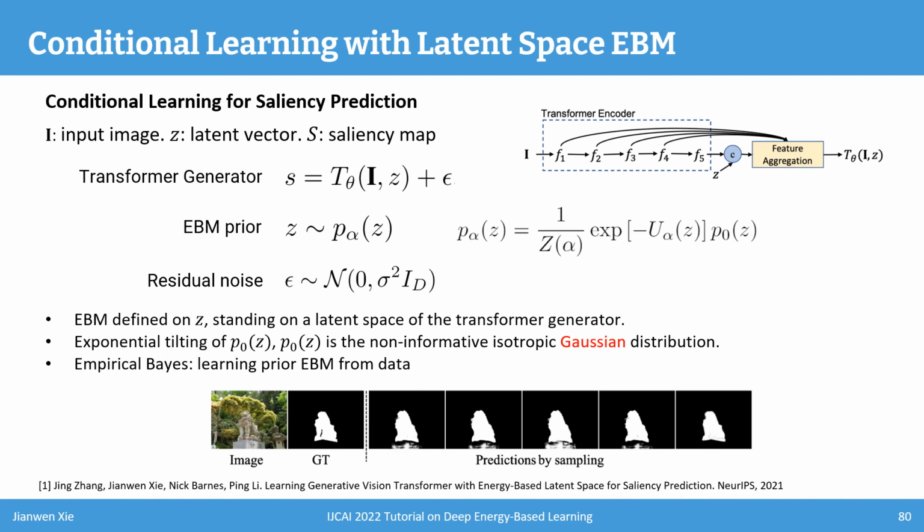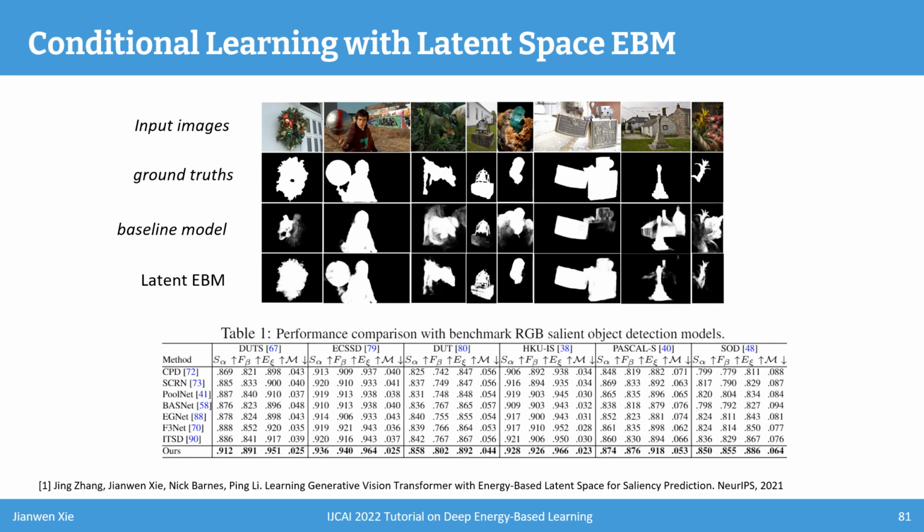The generator can be parameterized by a vision transformer architecture. Once the model is learned, the saliency prediction of a given image is performed by sampling from the distribution conditioned on the input image. Some qualitative and quantitative results are displayed.